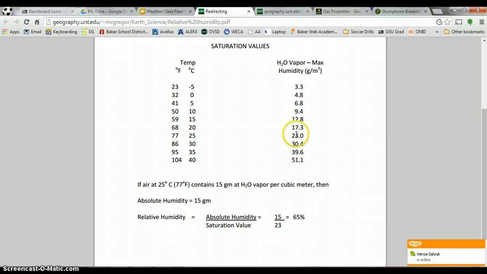The saturation is 23 grams, so that's the total amount. And currently it's 15, so 15 divided by 23 grams gives you 65% relative humidity.